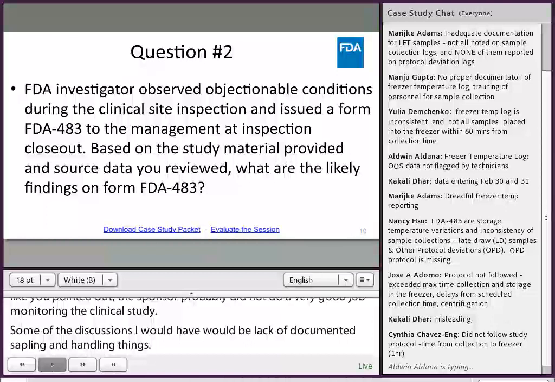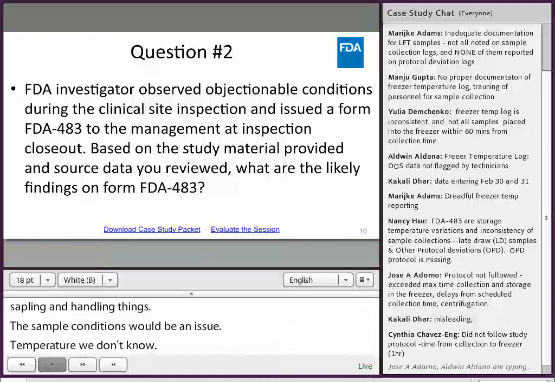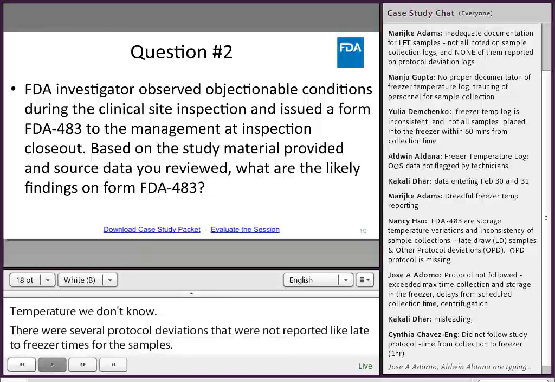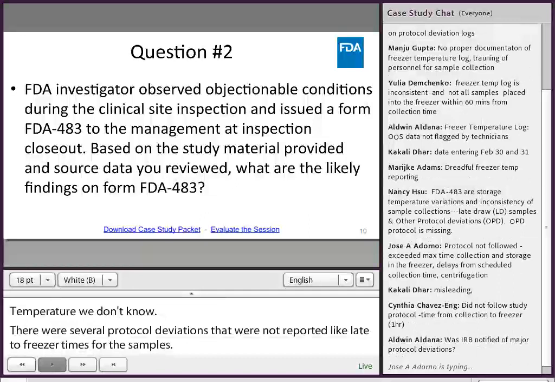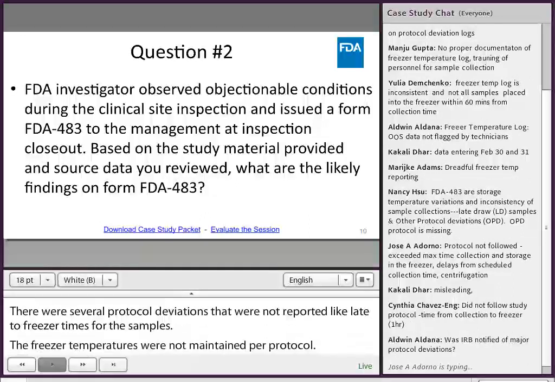There were several protocol deviations that were not reported, like late centrifugation time, late to freezer times for the samples. The freezer temperatures were not maintained per protocol. There were a lot of temperature excursions. Again, the FDA investigator had concerns with the incomplete freezer temperature records.